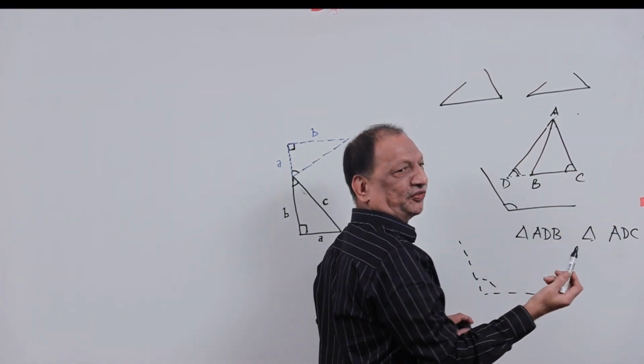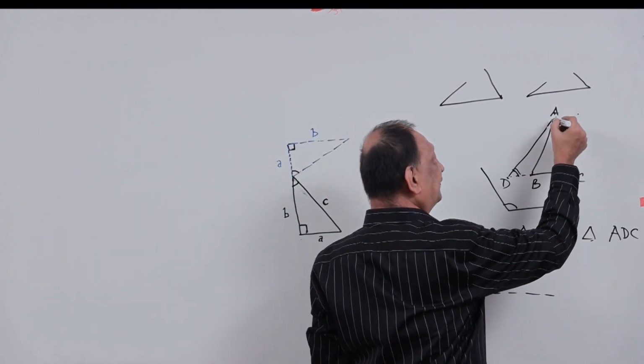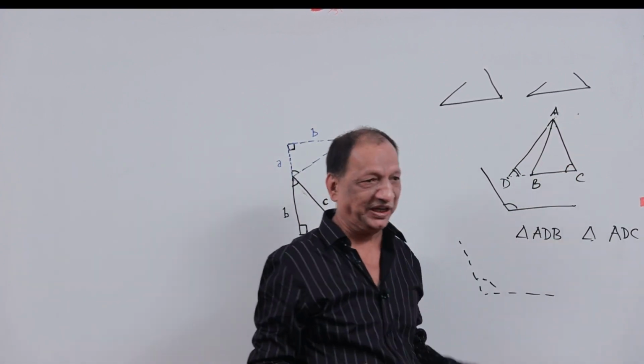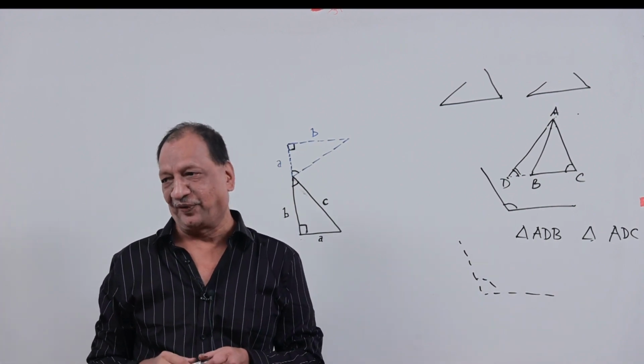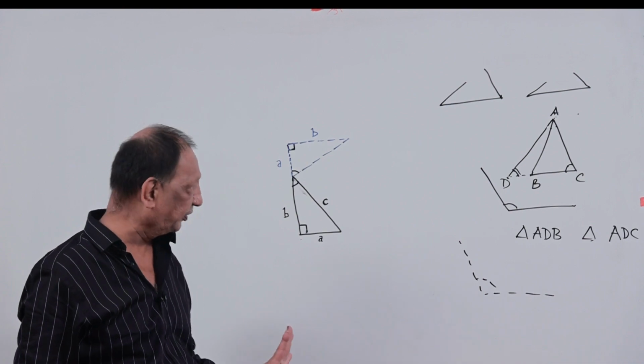Angle C also is common for both. Two angles are same, so the third angle also must be the same. And one side is same, AB and AC are same, but they are not actually congruent. They are different, they are only similar. So you should be careful when you look at congruence.